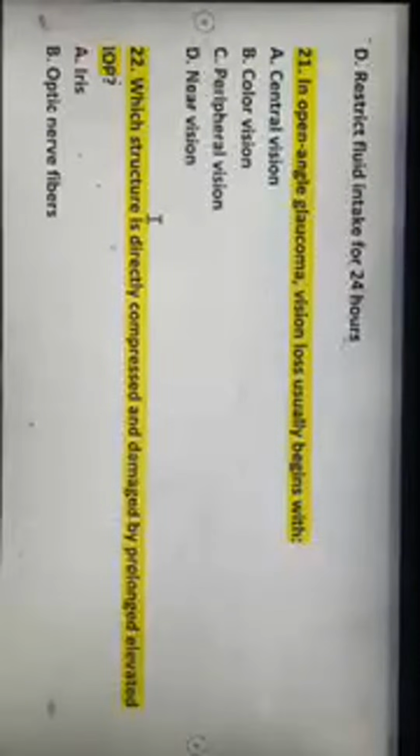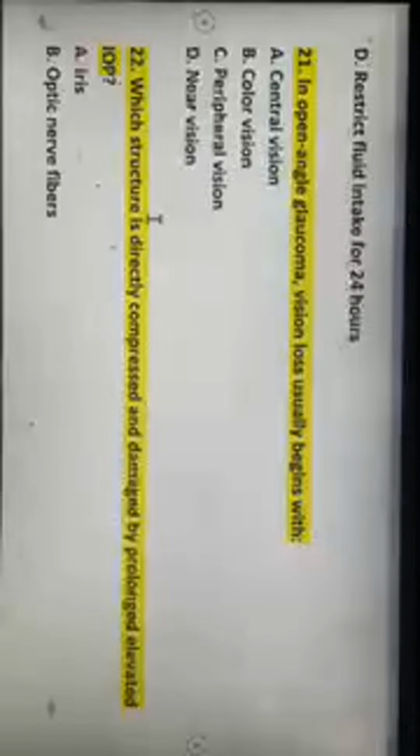Optic nerve fibers. Remember from our last class in the private class, what is the definition of glaucoma? I gave a simplified shortcut: when group A and group B are affected, it eventually leads to glaucoma when group B is affected, and group B is the what? The optic nerve fibers. Whenever the optic nerve fiber is damaged, there will be what?